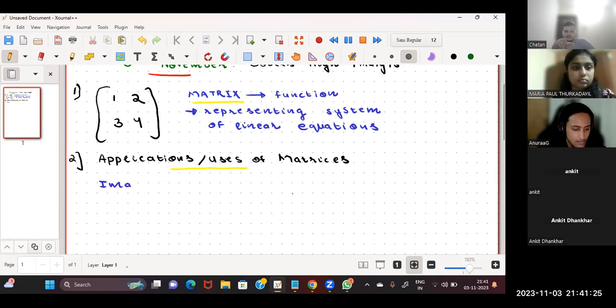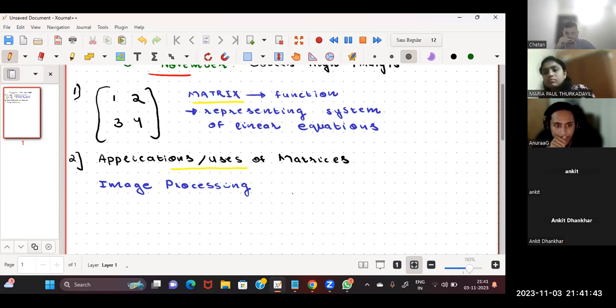Representing linear applications, yeah, that's something you can do with matrices, but that's not a use case for it. You can say we can solve a system of linear equations. That's one way. Sparse matrices in data storage. That's true. That is correct. We use them in data storage as well.